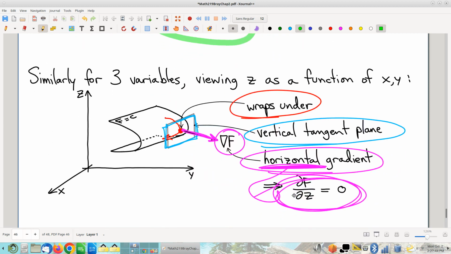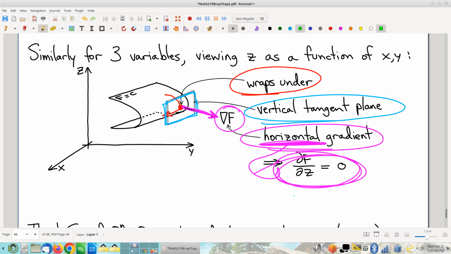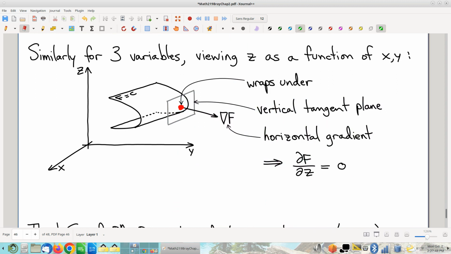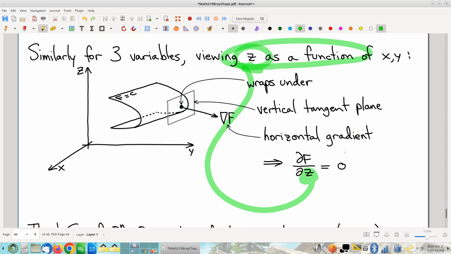Notice, likewise, when it's z that I want to view as being a function, then it's the partial with respect to z that I need to look at.